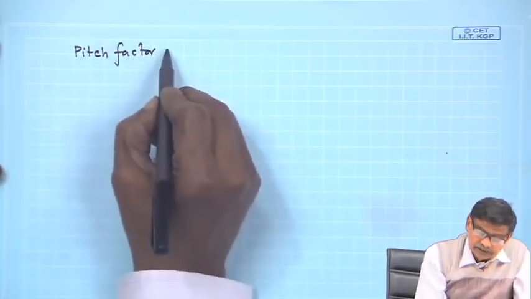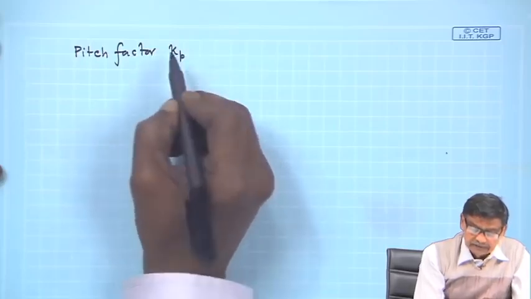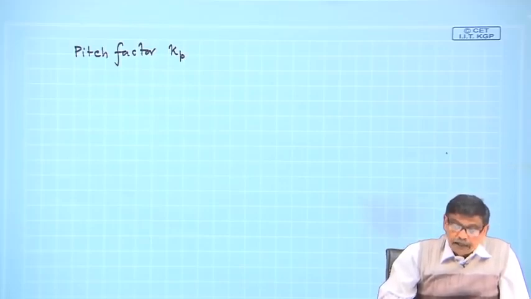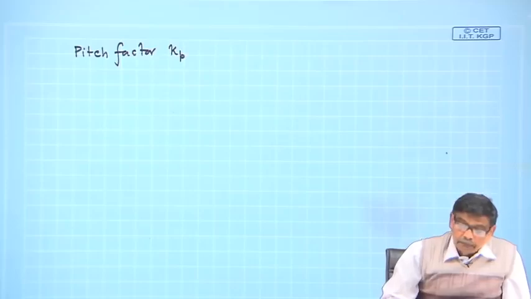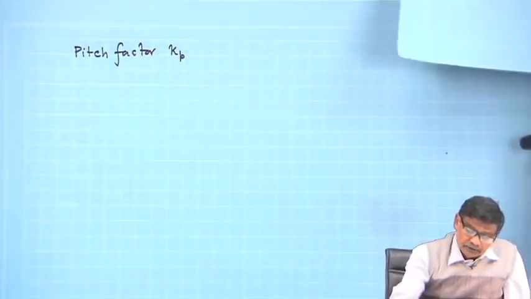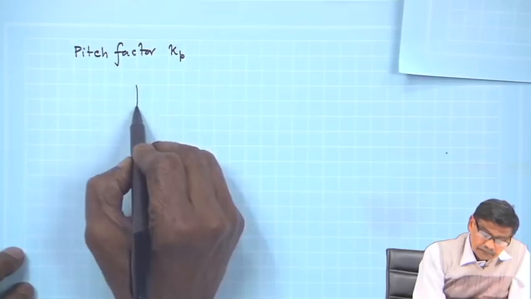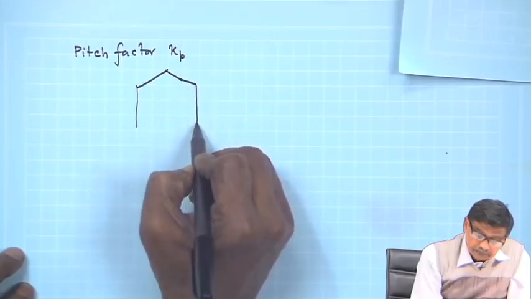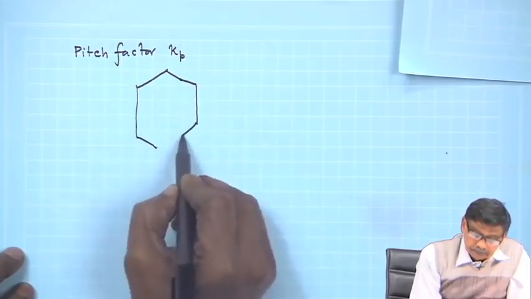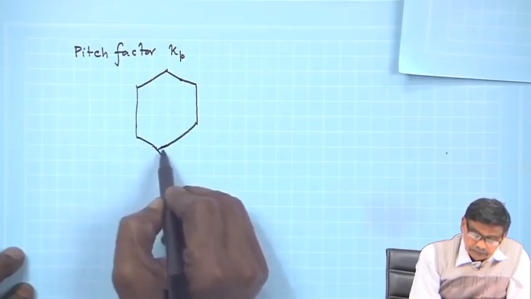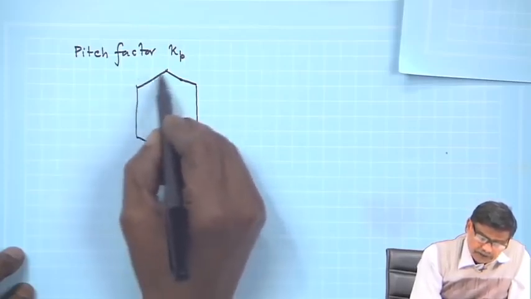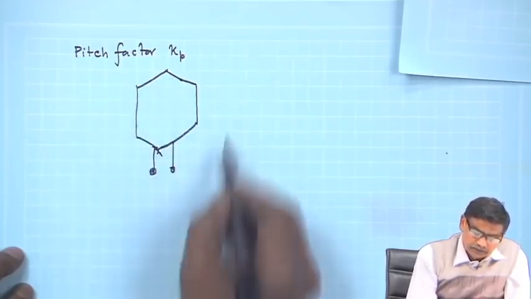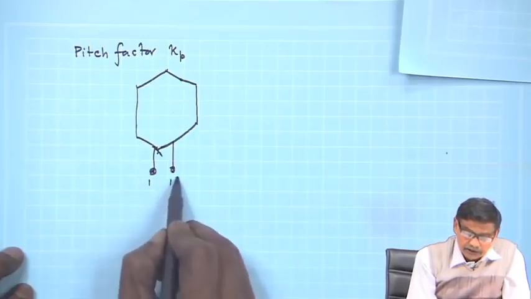Pitch factor, which is denoted by this symbol K p. P stands for pitch factor. Now, what is the pitch factor? Pitch factor is this. I told you for any coil like this, multiple turns are there. This is the coil terminal. So, when these are joined means it goes several times. So, these are the coils say 1 1 dashed.